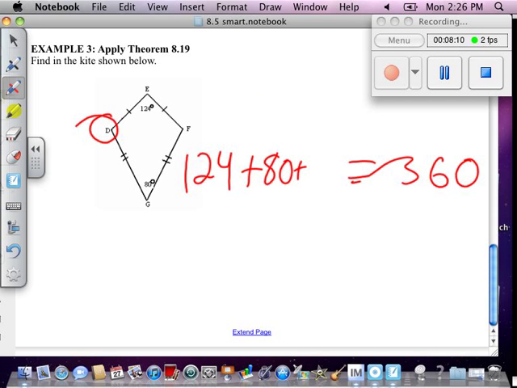What two of the angles have to be congruent to each other? Is E congruent to G? No, so D and F have to be congruent to each other. Let's make them both X. So X and X makes 2X.